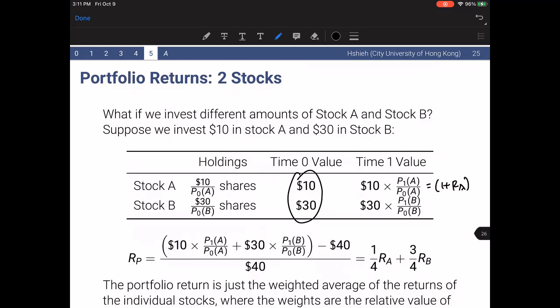So this term is 1 plus RA, and this is 1 plus RB.